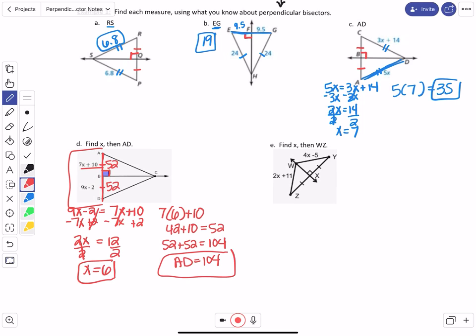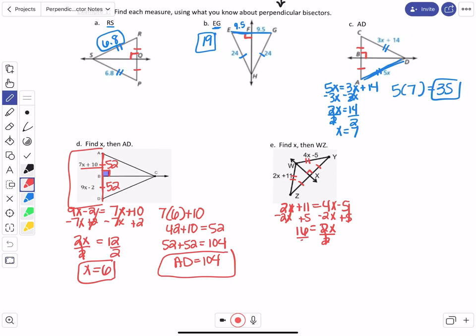Okay, so on E, we've got the 90-degree angle. We're told that these are congruent. If those are congruent, that means these have to be congruent. So I can do 2x plus 11 equals 4x minus 5. I'm going to subtract 2x, which gives me 2x, and then I'm going to add 5, which gives me 16.